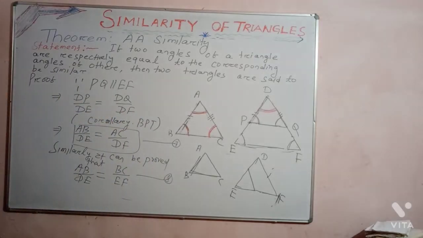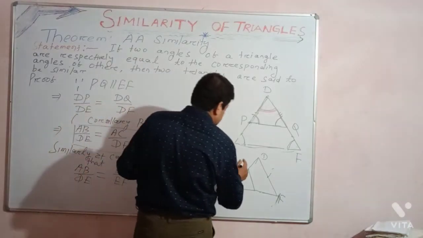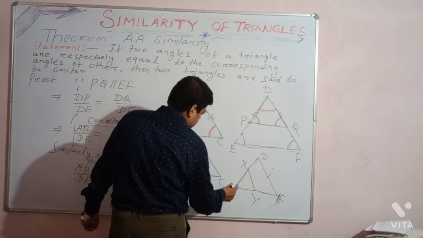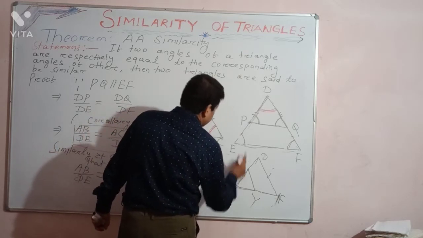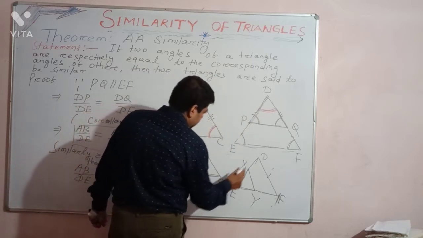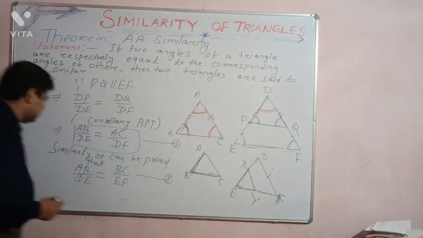If you take points in such a manner, suppose this is X and this is Y, and this value is equal to this, and this value is equal to this, then as per this process you can prove that AB upon DE is equal to BC upon EF. Is it clear?